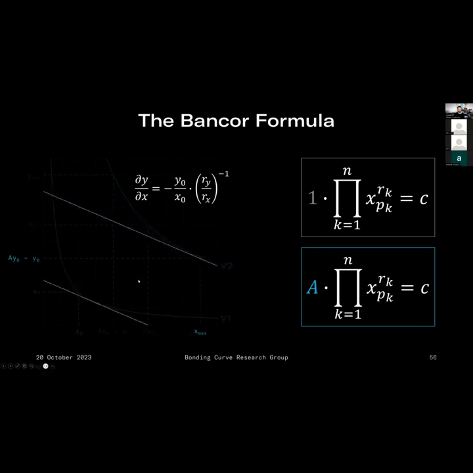So all I'm doing is tilting these parallel lines over, and I'm doing it to the point where we are now tangent to the hyperbola on V2. And then I'm looking at where does it kiss the original V1 curve, okay? And then we do the same thing for the other set of coordinates. So here, this point, all the way up here, this is when we've completely run out of whatever the X token is in terms of real tokens.